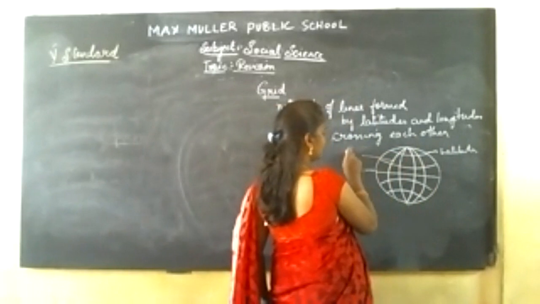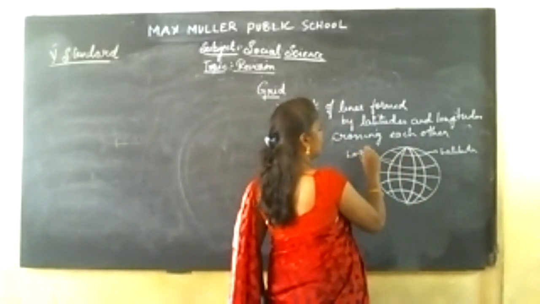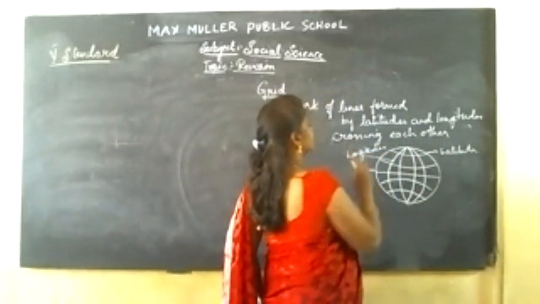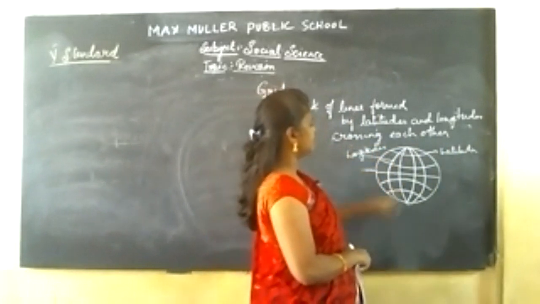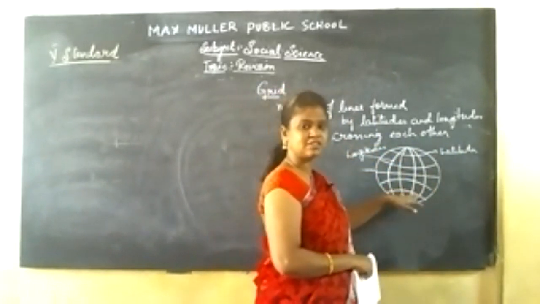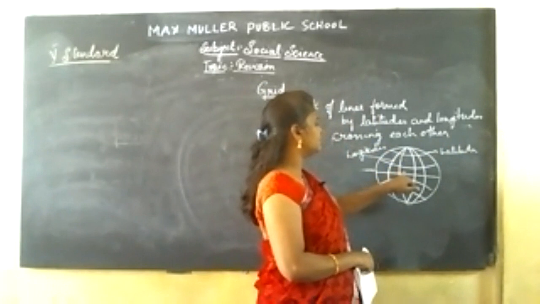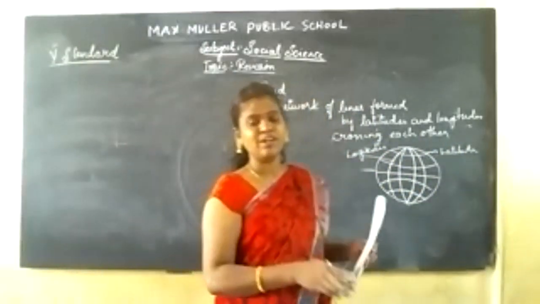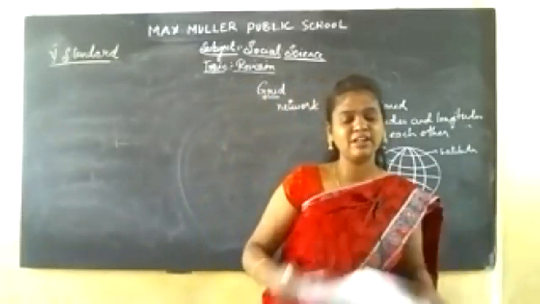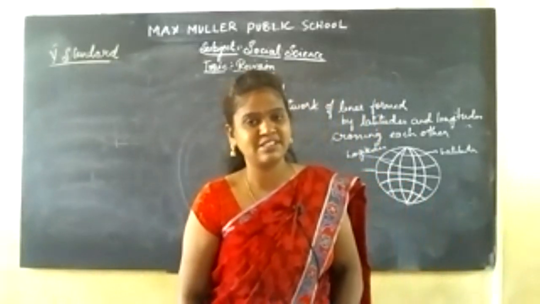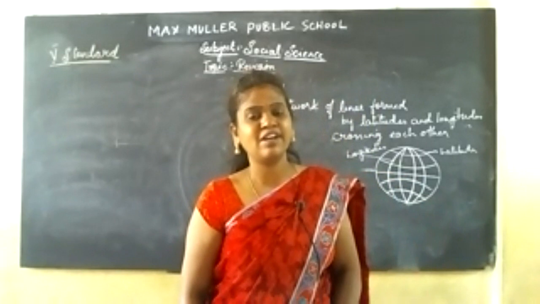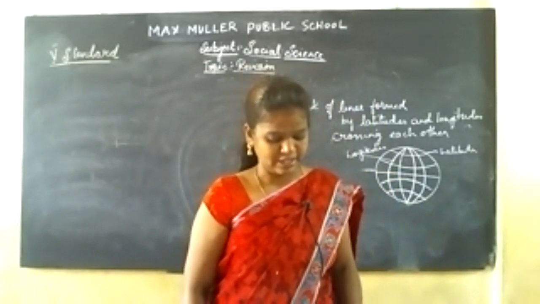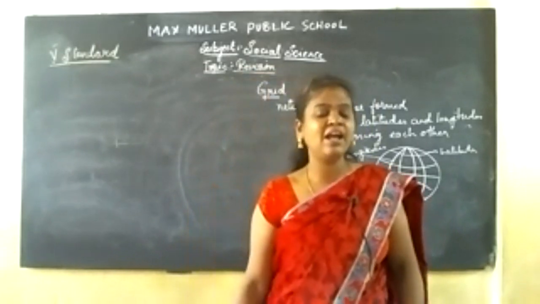This is called longitudes. There is a network of lines formed by longitudes and latitudes crossing each other. When latitudes and longitudes cross each other, such a network of lines is called a grid.